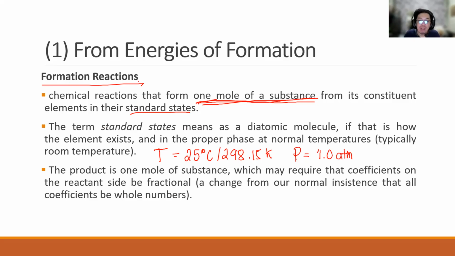Sige, practice tayo ah. I'll be sharing my screen lang. Share lang ako ng whiteboard and then I'll give you a compound and then tell me or write the formation reaction. For number one, ako ang magre-red, ikaw ang mag-black para alam kong ikaw yung nagsusulat.